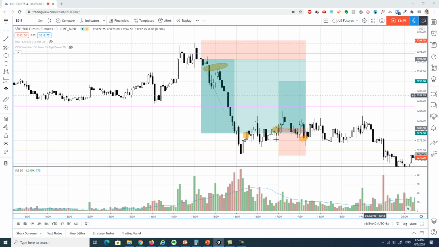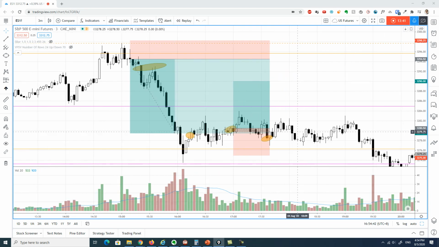Let me zoom in and elaborate a bit more here. So as we can see, the second rally here was actually with this first bullish bar here, and then this is the second bar here that comes with the increasing of the volume.